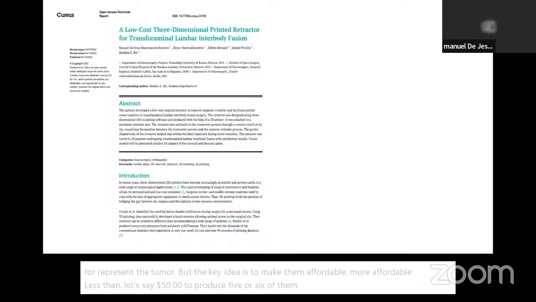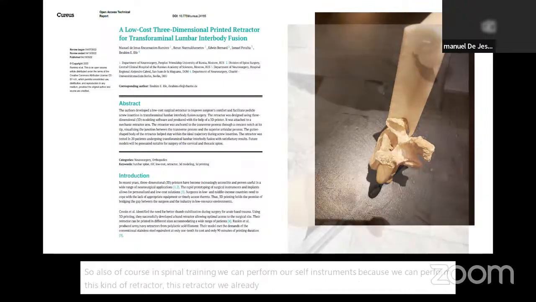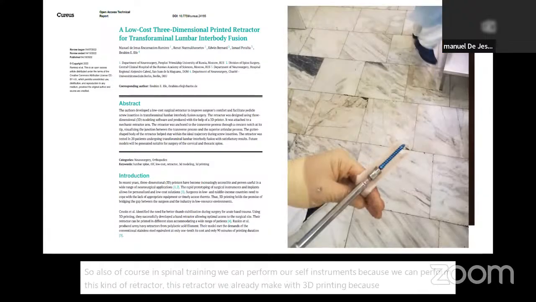Also, in spinal training, we can make our own instruments, such as these retractors, which we already made with 3D printing. If the department doesn't have the proper equipment for different reasons, we believe every department can create the instruments themselves according to their necessity.